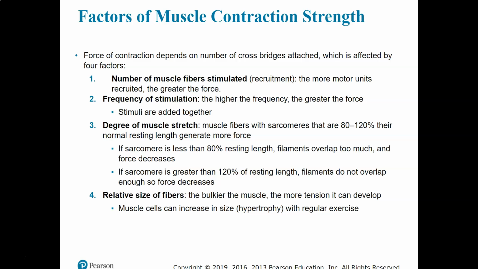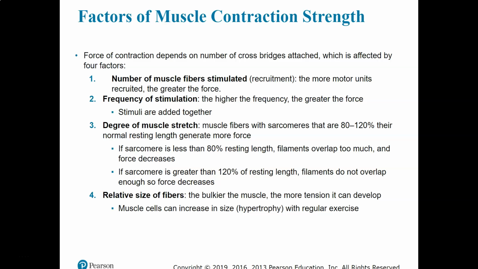This is going to depend on the number of motor units that get recruited. The more motor units that get recruited, the stronger the stimulus, the greater the force. The frequency of stimulation. The more frequently the muscle gets stimulated, the greater the force. And we'll talk about why that is, but these stimuli get added together.